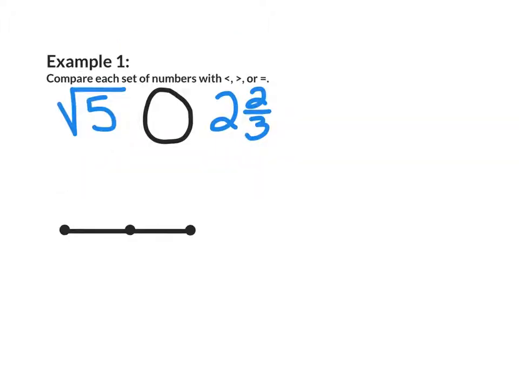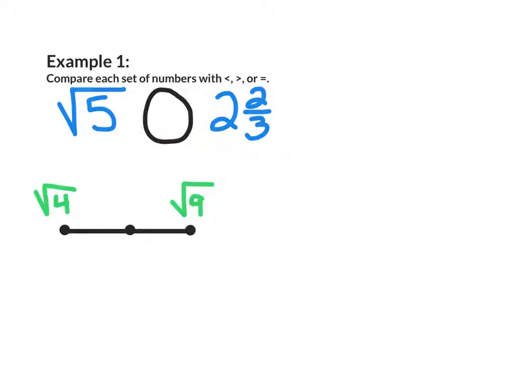Example number 1. Compare each set of numbers with less than, greater than, or equal to. In order to compare these, I'm going to convert these to decimals. I can estimate the square root of 5 by drawing a number line. The square root of 5 comes after the square root of 4, but before the square root of 9.